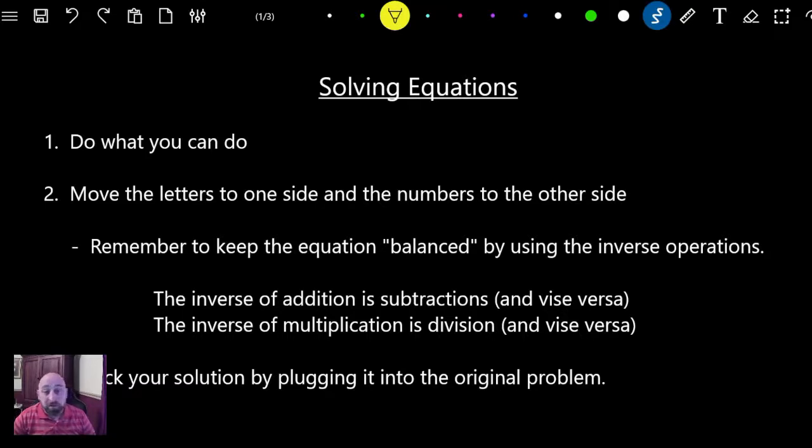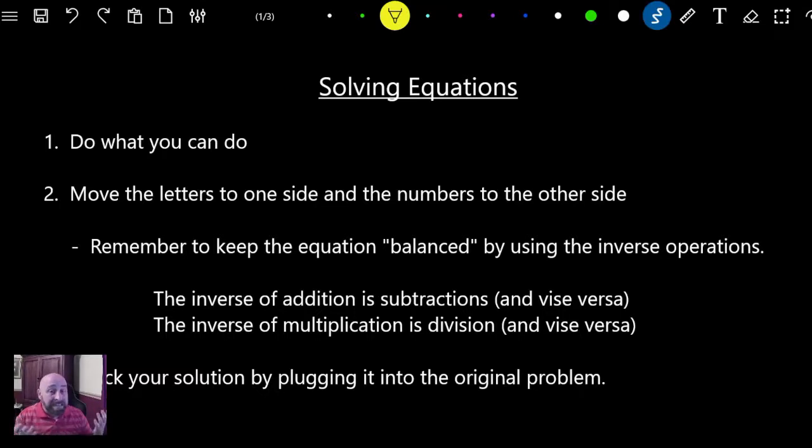What does it mean to do what you can do? Well, if you have anything that you can distribute, go ahead and distribute. If you have anything that you can add, go ahead and add. If you have anything that you can multiply or divide, do what you can do. Any like terms, combine them. All the things from last chapter: positive and negative numbers, like terms, distributing.